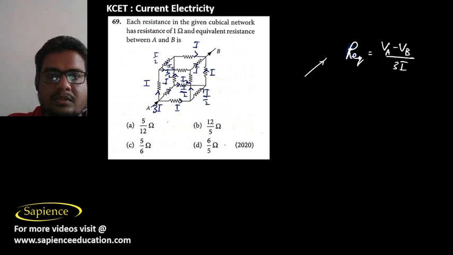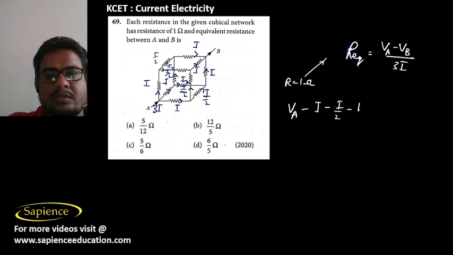Going from A, VA minus IR minus IR, where R is 1 ohm, each resistance is 1 ohm. So VA minus I by 2 minus I is equal to VB.